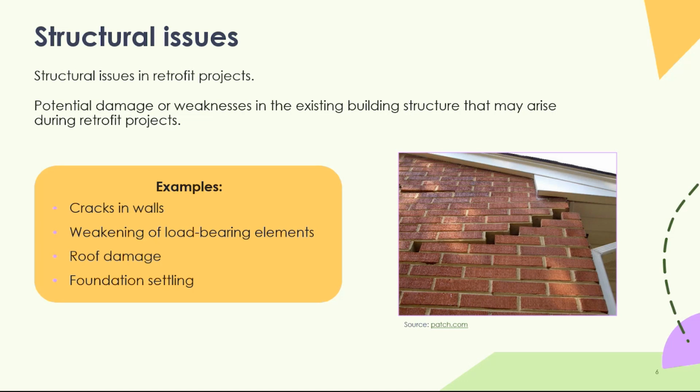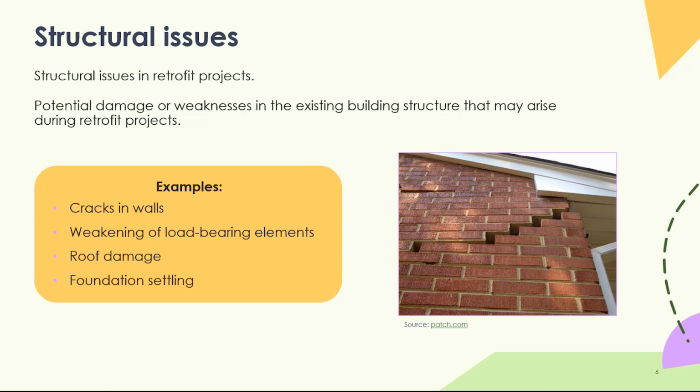So you'll turn up at a house thinking you've surveyed and an EPC said this or that needs doing, and then you find something, hopefully not as horrendous as the image, with very clearly a very problematic structural crack. But there might be something wrong with the building structure that's going to prevent you from retrofitting it. So that could be a crack in a wall, maybe not as dramatic as that one, but anything that weakens load-bearing elements.